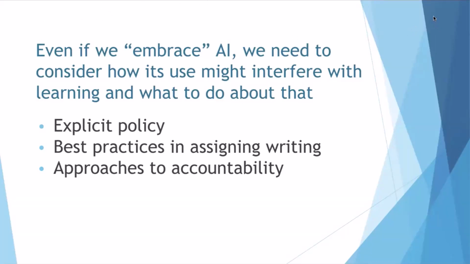I tend to not want to be in either extreme camp, and to see the connections between them, that there are ways that using it could interfere with learning in certain situations. And so students do need guidance. And the forms that takes that I want to outline are explicit policies around it, best practices in assigning writing to prevent misuse, and some approaches to accountability.